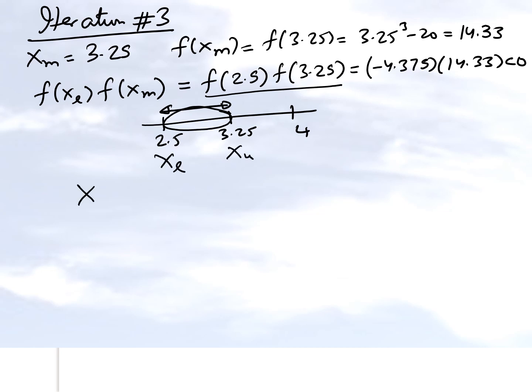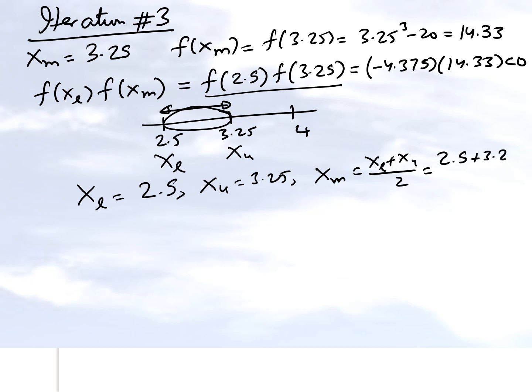So let's write that down. The lower limit is 2.5, the upper limit is 3.25, which gives me that the estimate of the root is now the midpoint between these two. And this number turns out to be equal to 2.875.